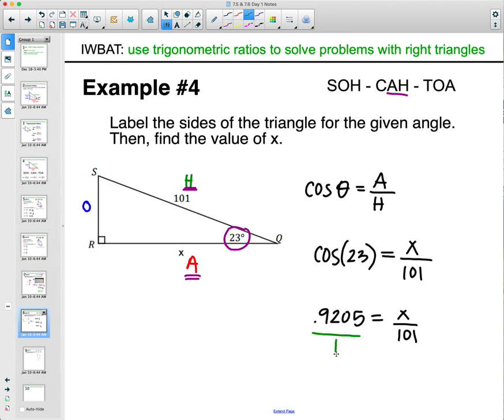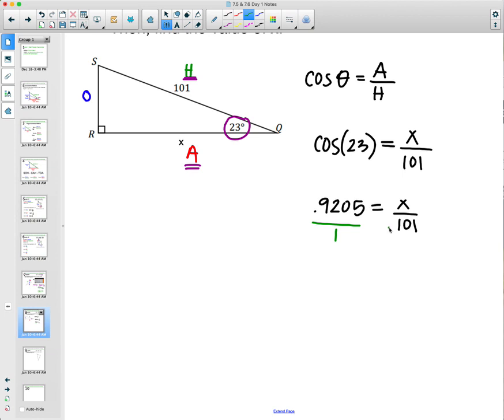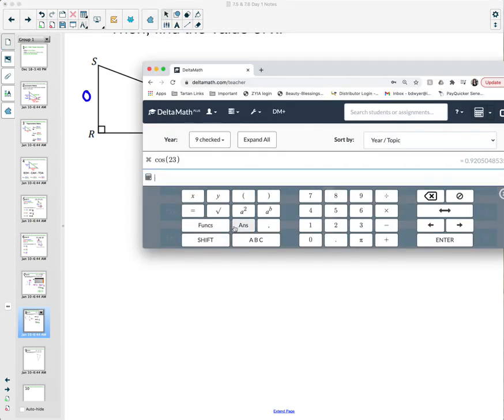Then you can just think of it as a proportion so that you can cross multiply here. We're going to do 101 times that decimal. So I'll go back to my Delta Math calculator. We're going to take the answer times 101, and we'll get 92.97.